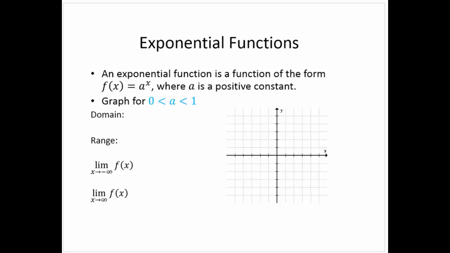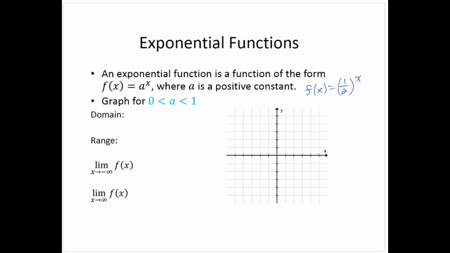And so recall that if we want to graph this function, if a is between 0 and 1, say, for example, if we had the function 1/2 to the x, recall that this is a decreasing function.